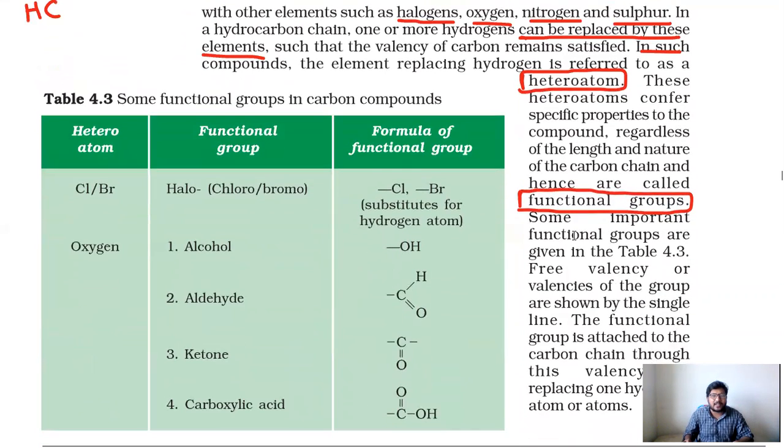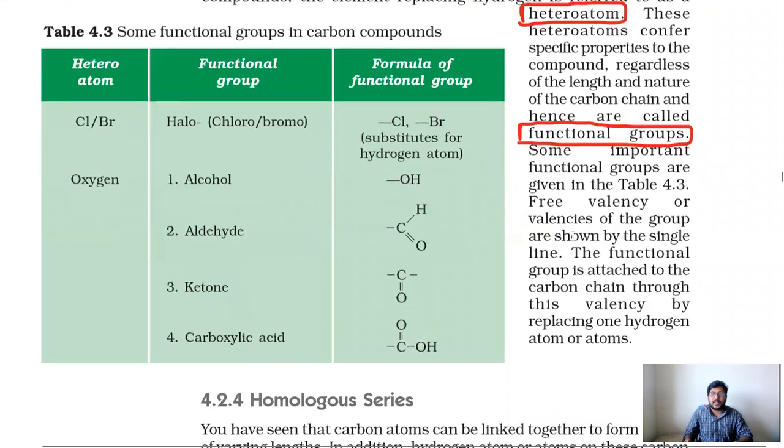There are many functional groups in the carbon and its compounds chapter, but in your 10th class, you are going to learn only 5 functional groups. Let us see those 5 functional groups. This is first, of course. We can call it halo functional groups. In halo, what will we get?